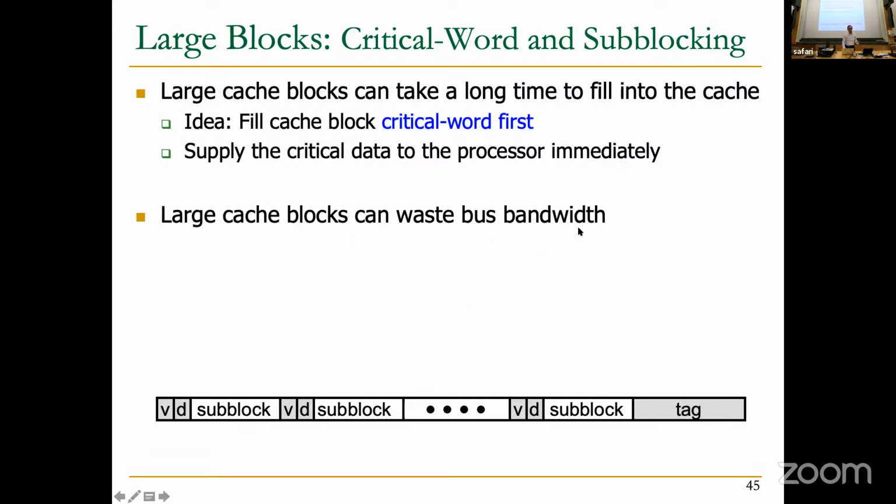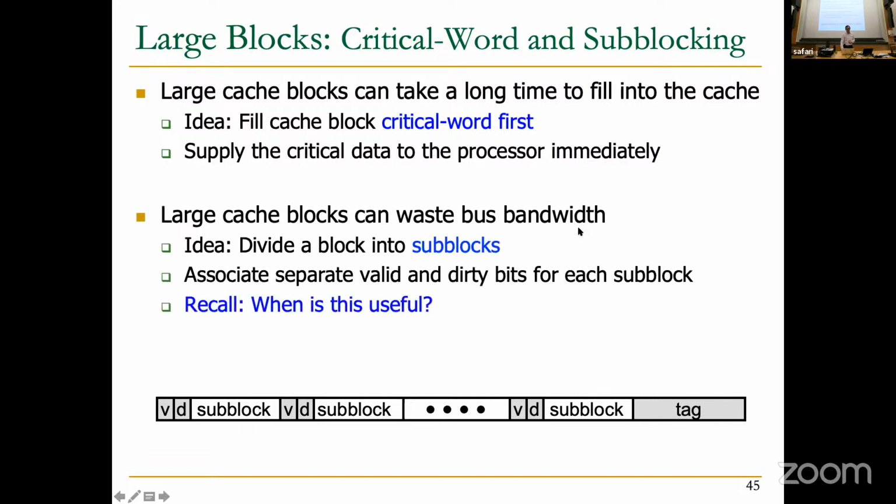But large blocks can waste bus bandwidth, and sub-blocking actually solves this problem partially. Sub-blocking has this advantage, as we have discussed earlier. By associating the valid and dirty bits with each sub-block, you just need to bring the sub-block to the cache. If you're reading a location within the sub-block, you just need to bring that sub-block, right?